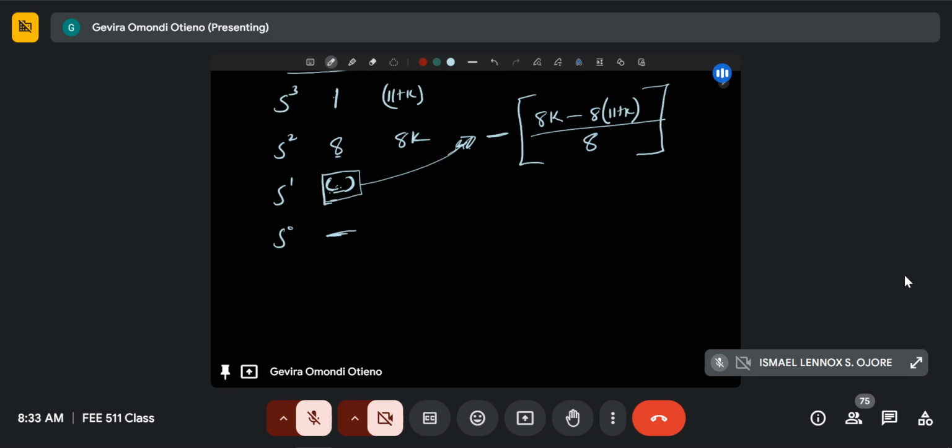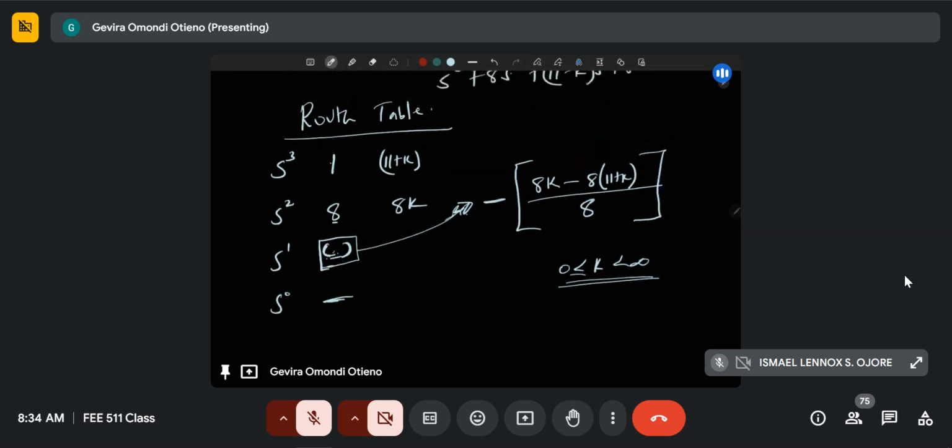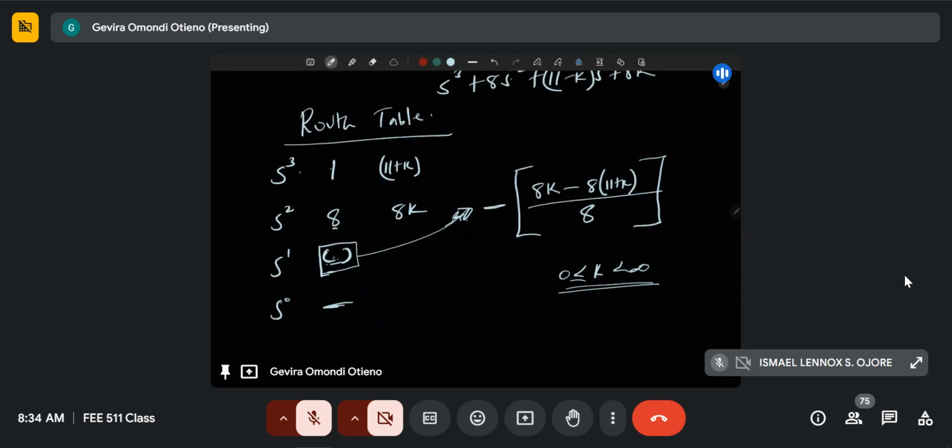So for any positive value of gain, because remember our gain is from 0 to infinity, so our gain should actually be positive, you are looking for a row here, either this row or the next row, or even this row, or even the last row. So you're looking for a row where possibly all the values of that row can go to 0.